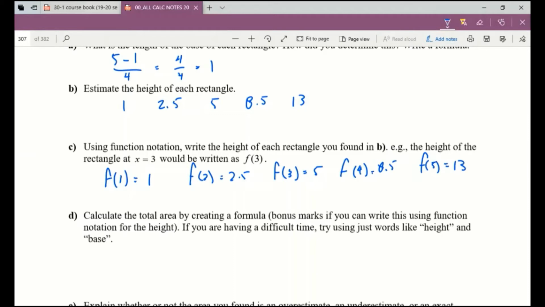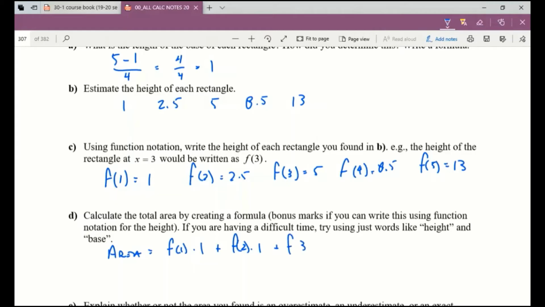D gets at the fact that we are trying to calculate our total area by creating a formula. Area is length times width, and bonus marks if you can write this using function notation for height. Our first rectangle's height is f at 1, and its width is 1. We add that to the area of the next rectangle, which is f at 2 in height times 1 in width.